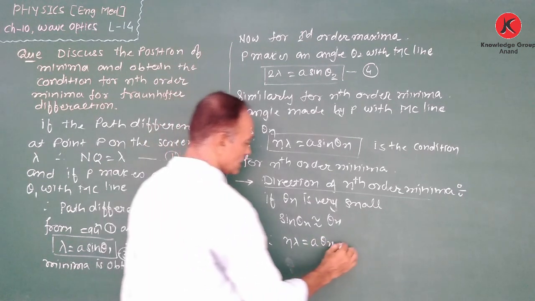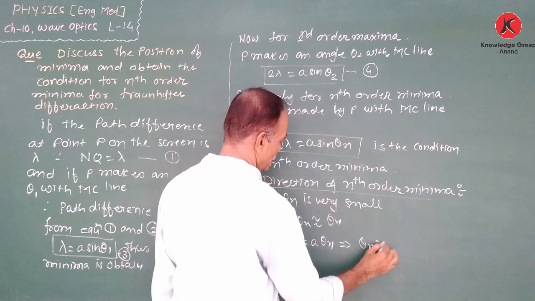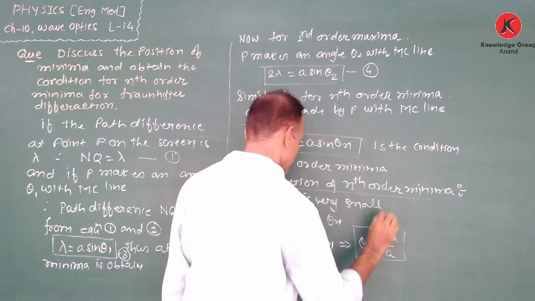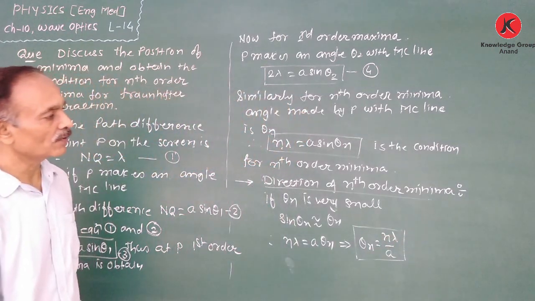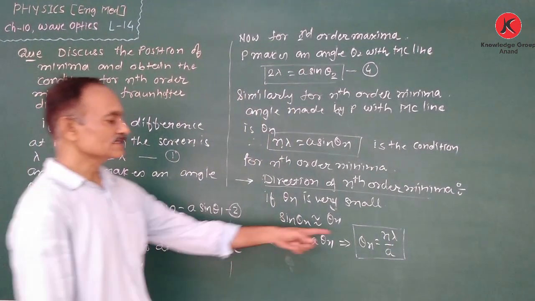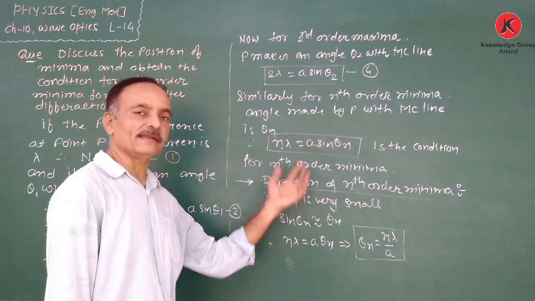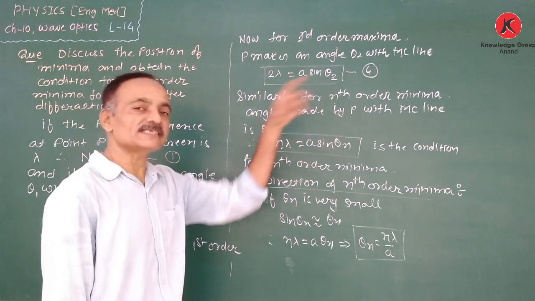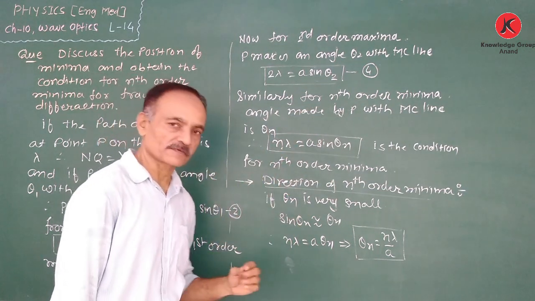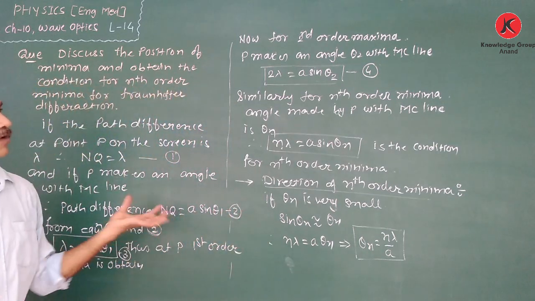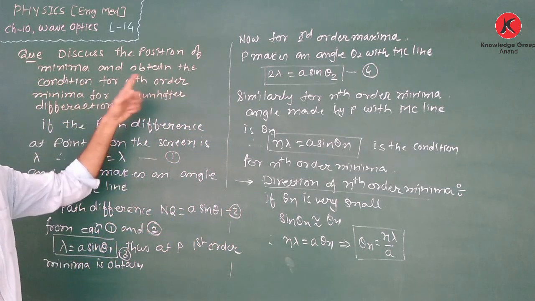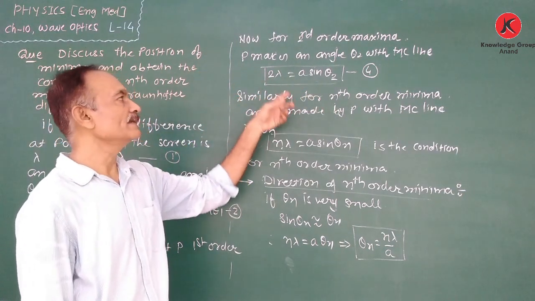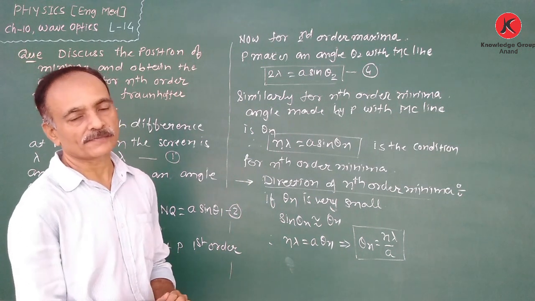Therefore, theta n is equal to n lambda upon a. Thus the angle theta n shows the direction of nth order minima, because here theta is the angle made by the point P with the MC line. So it shows in which direction the nth order minima is obtained. So that is the discussion of nth order minima and position of minima. For different values of theta, we get different positions of the point P.